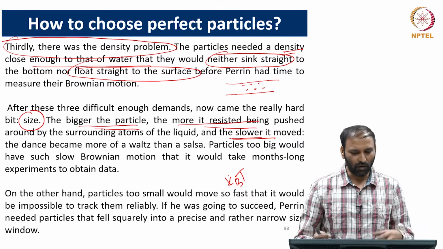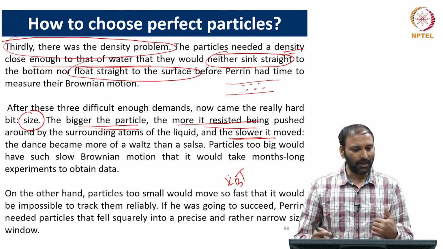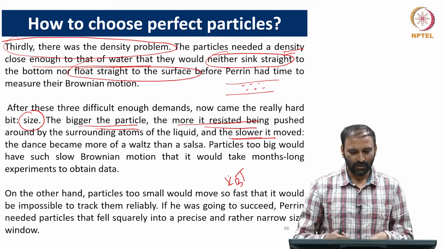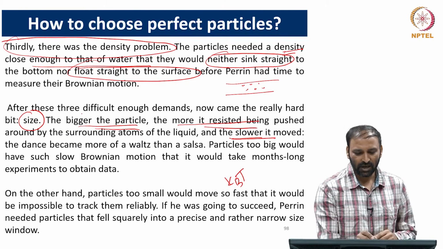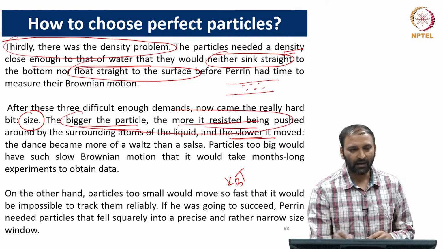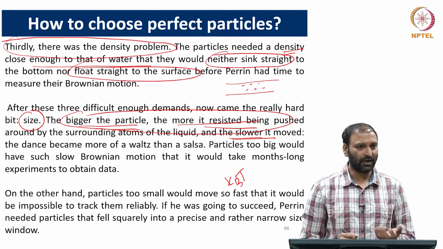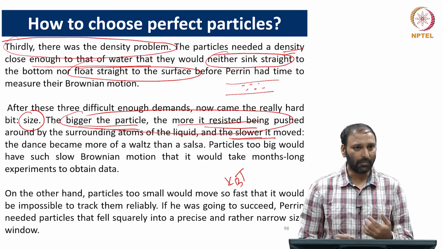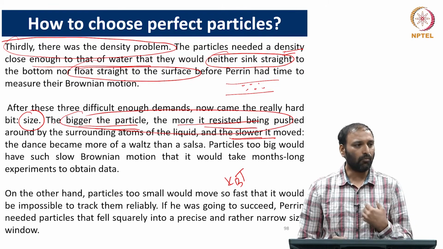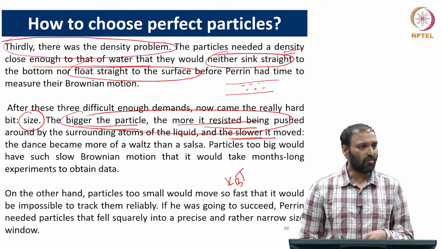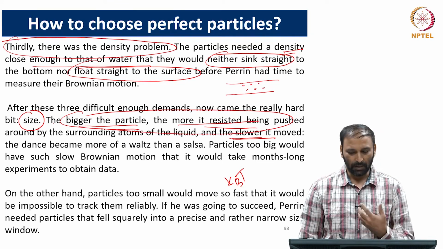Therefore, the particles would have to be small enough. That means if the particles are bigger, they resist the motion. Okay, they do not move because the energy that the molecules have is not big enough to move the particles around.